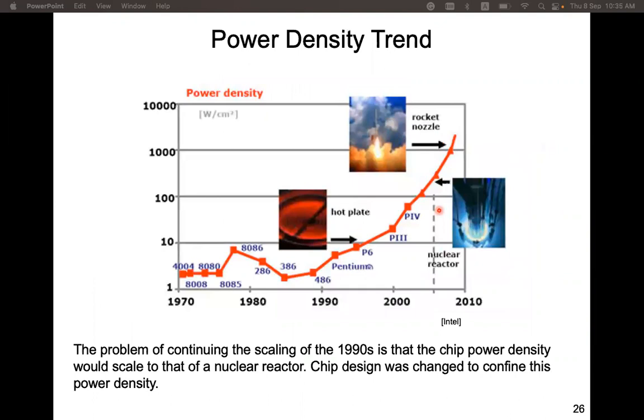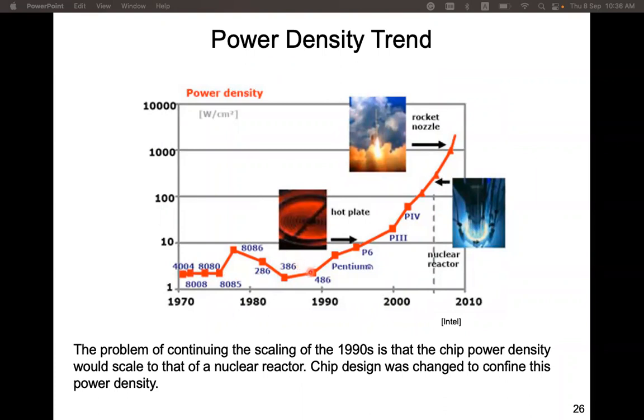Here is the power trend plotted by Intel. This is power density on the y-axis, in log scale. In early years, when we increased the power density, power per area, there was no problem.